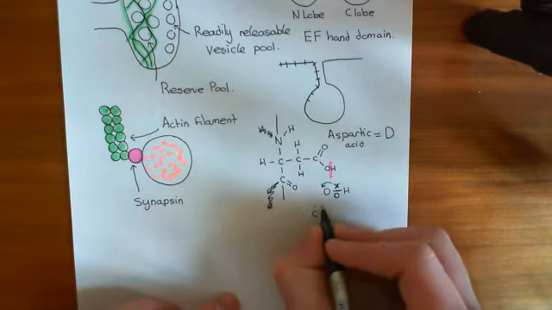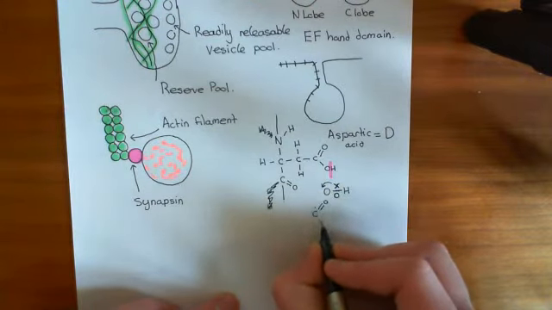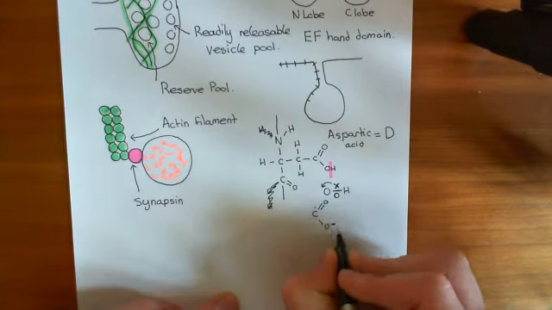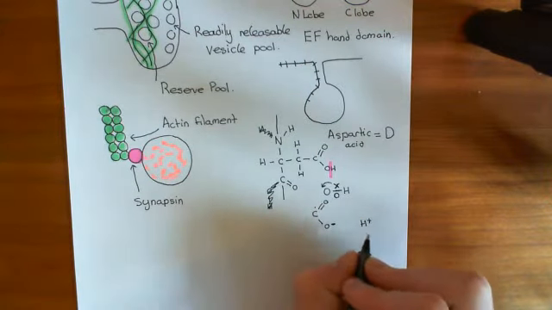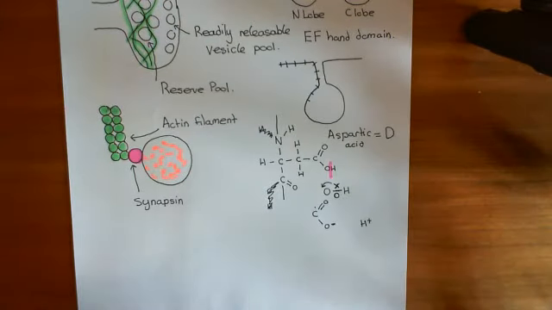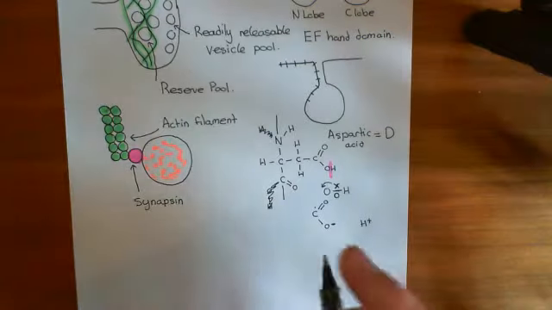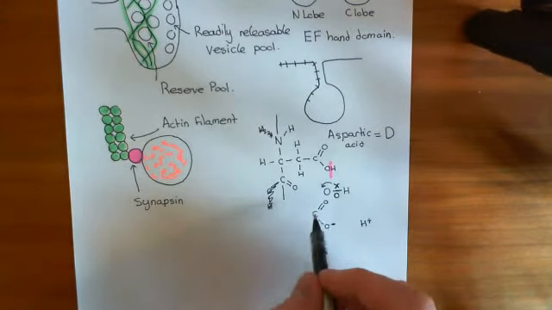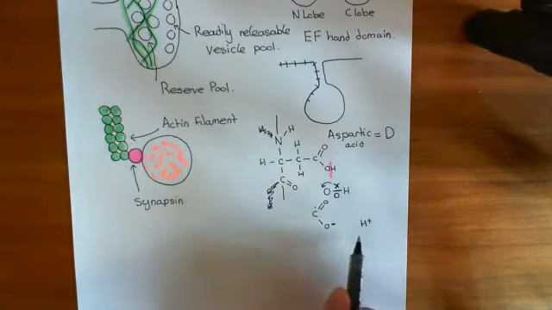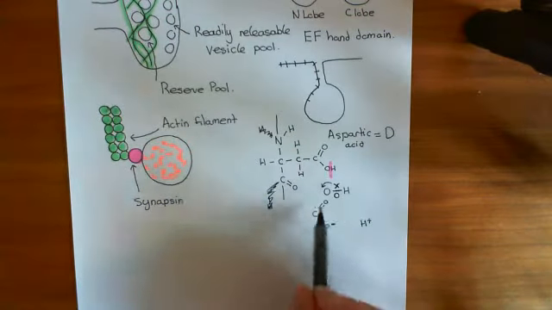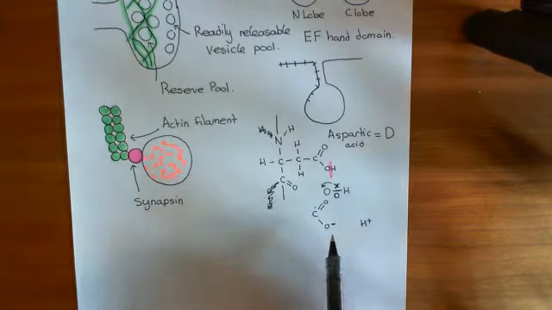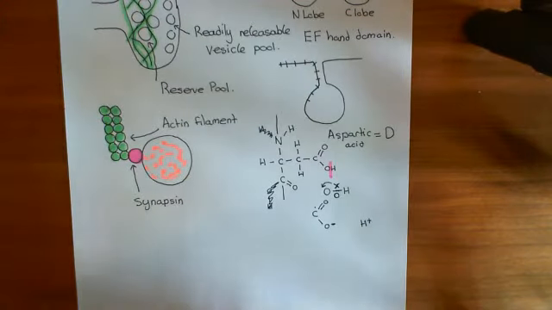So you're going to get this carboxylic acid group now with just an oxygen with a negative charge, and then the proton has been donated away. That's why this molecule is an acid, because it's capable of donating protons. Now, the molecule of aspartic acid, once it has donated its proton away, i.e. when it's got this group with the negative charge on the oxygen, is no longer called aspartic acid.